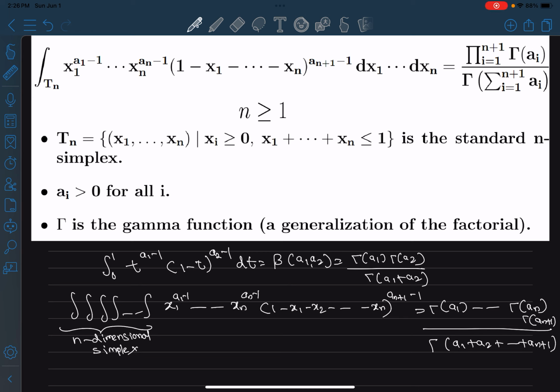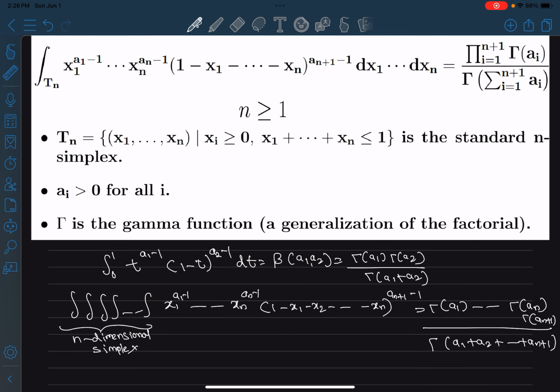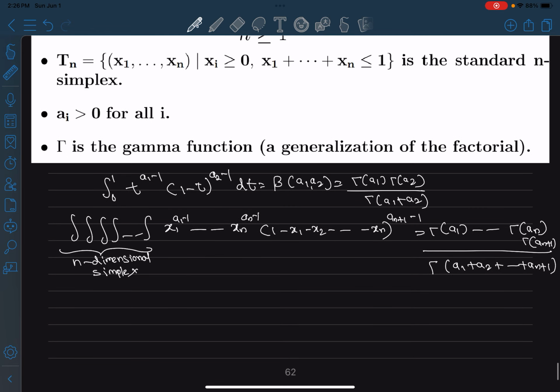But before we do that, let's talk about how this n-dimensional simplex looks. Here also there are some restrictions: n should be greater than or equal to 1, ai should be positive, and this gamma is the gamma function, which is a generalization of the factorial, right? First, let's understand how the n-dimensional simplex looks, and then we'll go to the integral, and then it will be more intuitive.